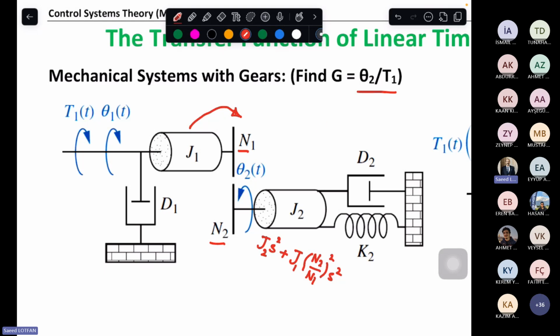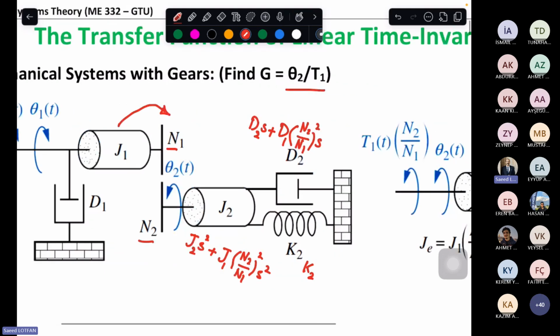Or D2 becomes D2 S plus D1 (N2 over N1) to the power of 2 S. And K2 stays K2. That's all. There is no spring in the first side. So you see that we have the simplified form in this case, like this.